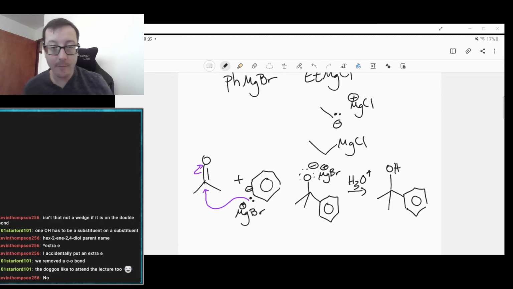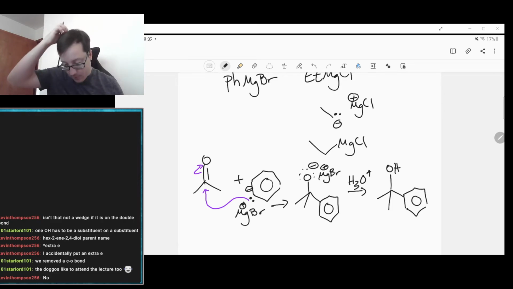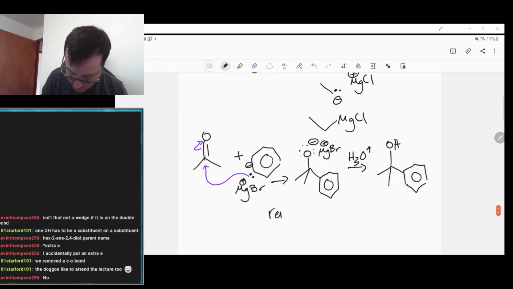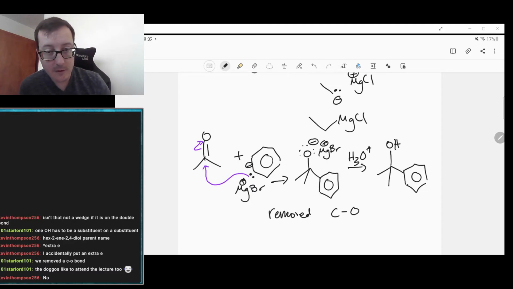So, put an arrow there. Notice here, all we've done is removed one CO bond. So this is still a reduction reaction. We're still reducing this to an alcohol. Although this time, instead of putting a hydrogen on there, we're putting a carbon-containing group. So we've put a phenyl group on there.